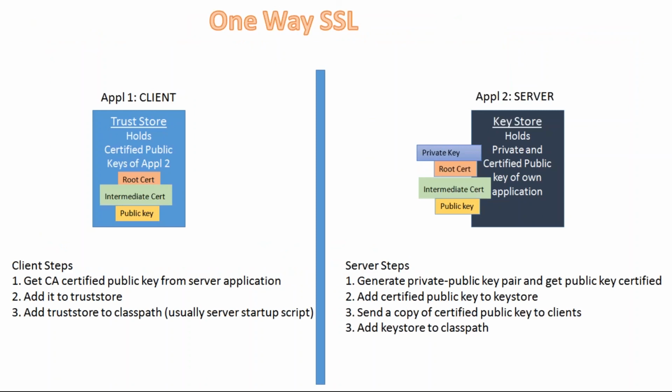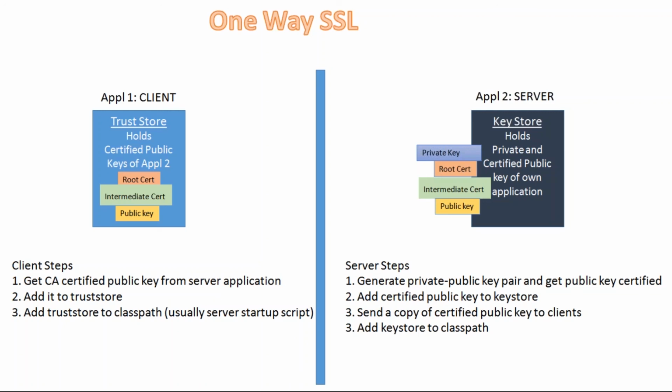When you are setting up one-way SSL, and if you are a client, then you should get the public certificate from the server application and install it in your trust store. If you already have a trust store, then you should add the certificate chain and the public key to your trust store, or if you don't have one, then you should create a new trust store.